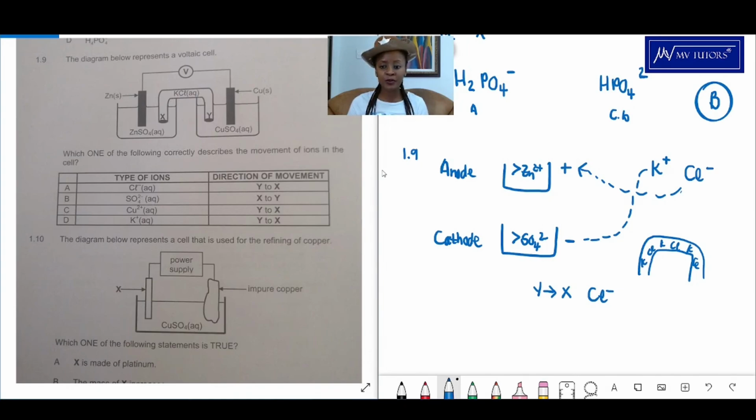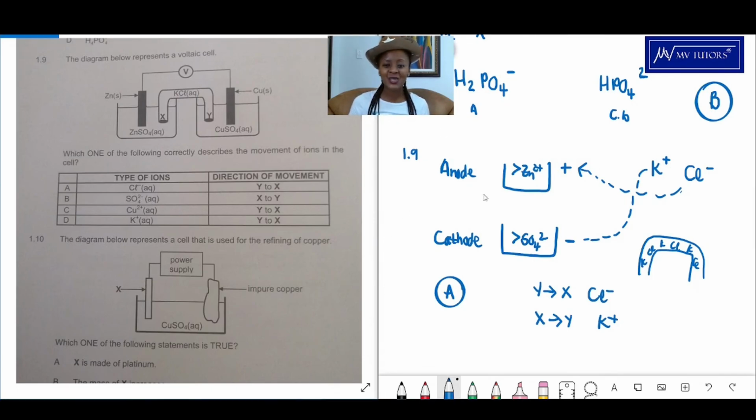What would move from X to Y would be the potassium ions. So let's go see. A, Y to X chloride, yes. B, X to Y, no, that would be the potassium. C, Y to X, D, Y to X, no. So our answer there will be A. Okay, I hope I did not confuse you, and I hope that you are understanding what I did.